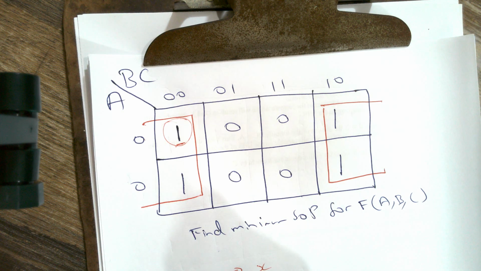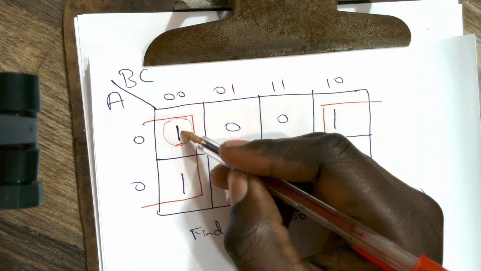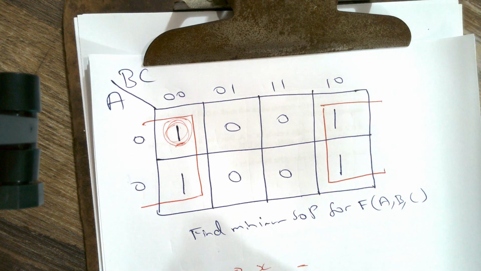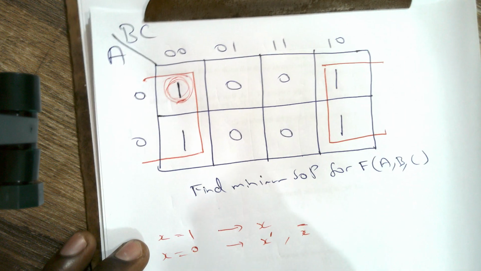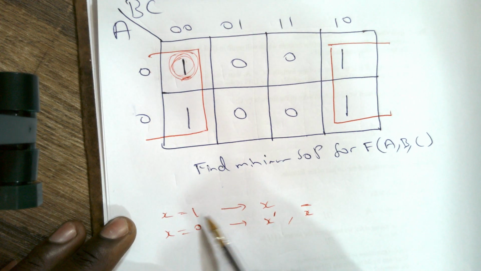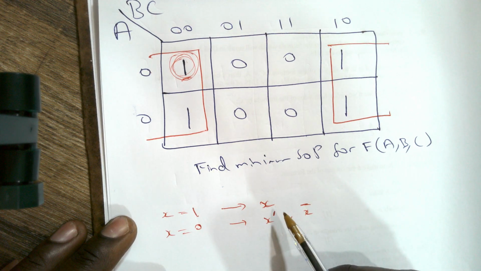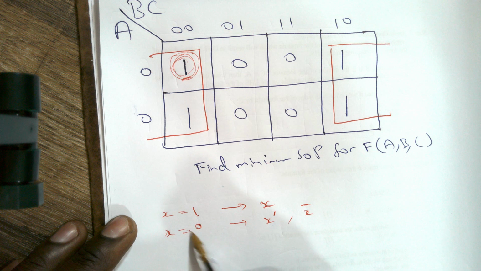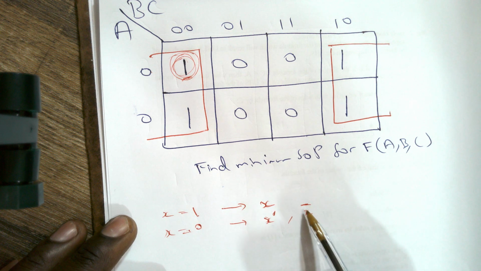And if we have x equals 0, we refer to that as x complement or x bar, or x prime. If x is equal to 1, we refer to that as x. If x is equal to 0, we refer to that as x prime or x bar.